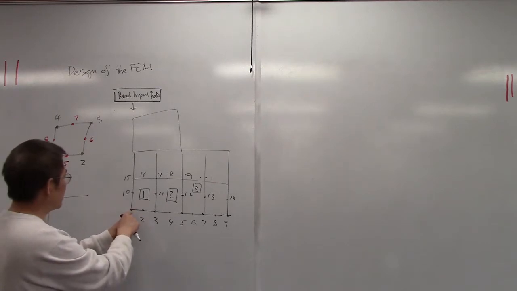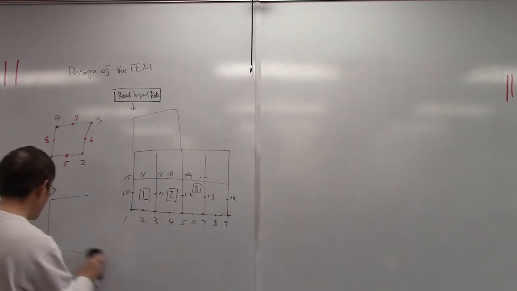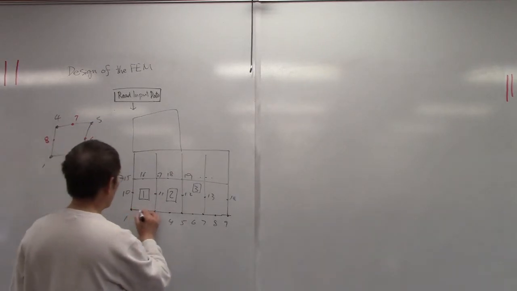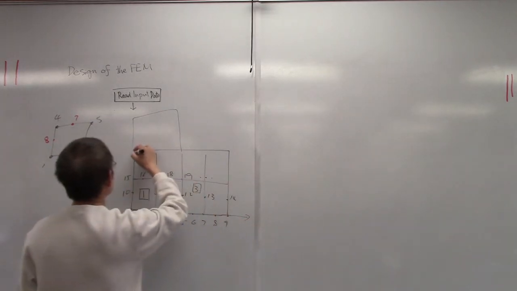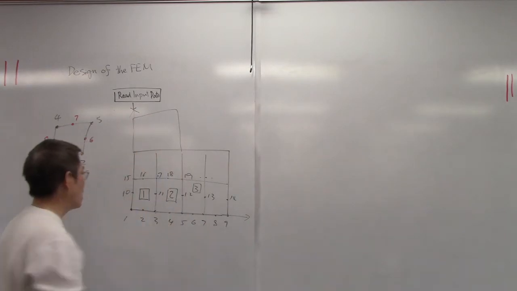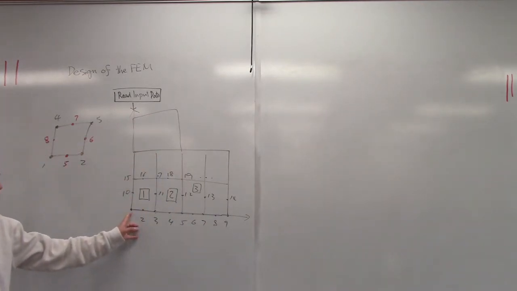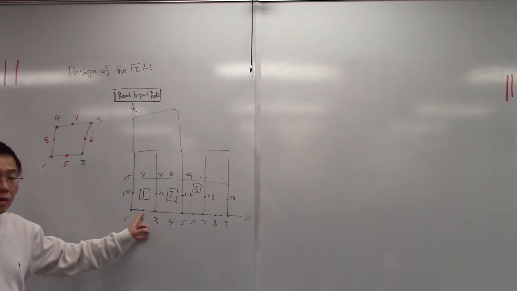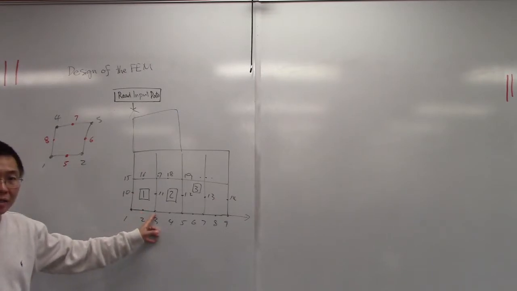Once you input the nodes, you need to establish a coordinate system. Let's say this is the coordinate: this is x, this is y. You need to input node 1 is at coordinates 0, 0. Node 2 is maybe ½ inch, 0.5, and 0. This then will be 1, 0.